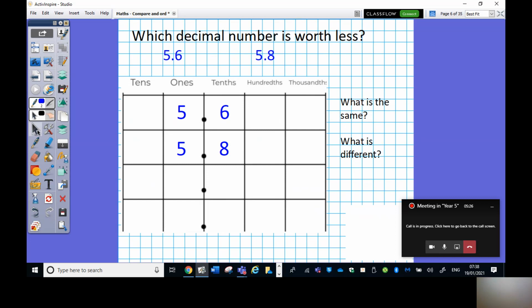So in the ones, we can see they have the same number of ones. Each number has 5 ones. What is different though is that in the tenths, the first number has 6 tenths, and in the second number, it has 8 tenths. So I know that the first number is worth less. This is the number that is worth less because it has fewer tenths.